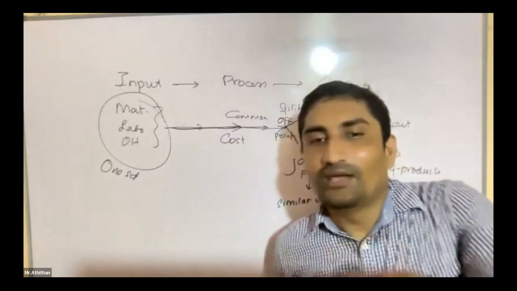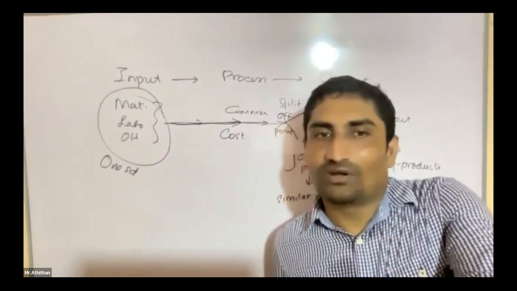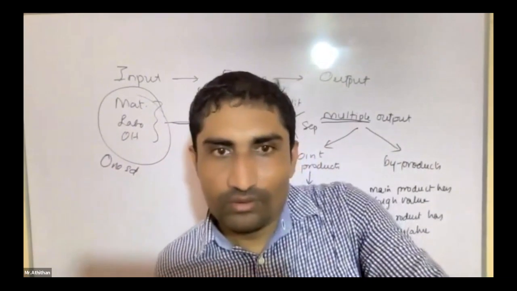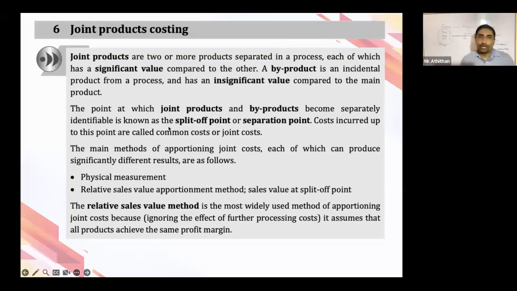Okay, right. Now we will go to the basic introduction of joint product costing. Joint products are two or more products separated in a process, each of which has a significant value compared to each other. Joint products, இணை உற்பத்திகள். two or more products, ரெண்டு அல்லது இரண்டுக்கு மேற்பட்ட உற்பத்திகள் ஒரே ப்ராசஸ்ல இருந்து வரும்.